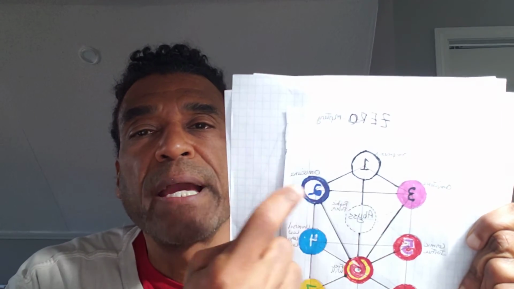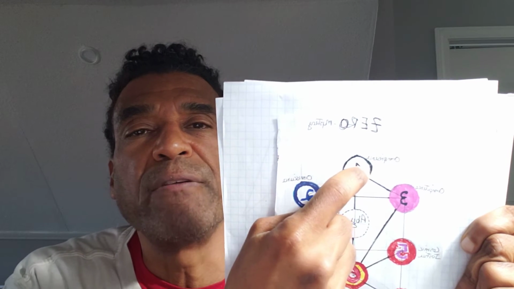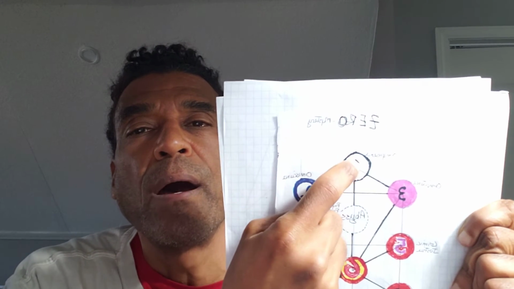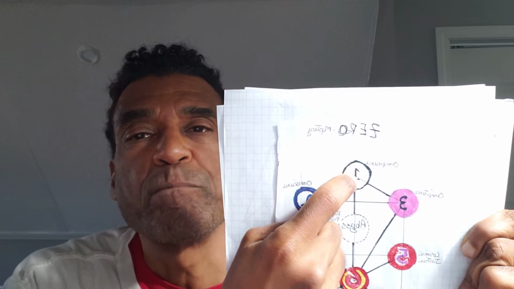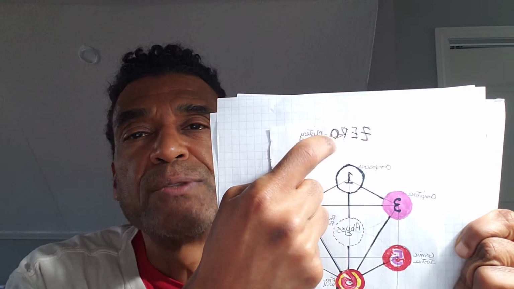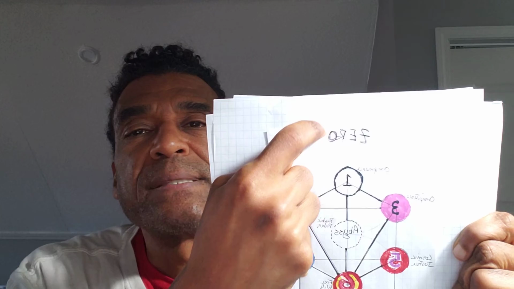The third, second, and first spheres are the triangle. That's our divine triangle. These are our divine aspects: omnipotence, all powerful; omniscience, all knowing or wisdom; and omnipresence, all present eternally. And then the zero sphere is above the tree, and it's really what the creator reserves for itself.